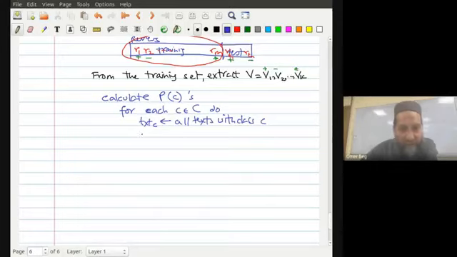So we are creating a set of these texts. So in that case, the probability for this class C would be the size of this set divided by the total number of texts.